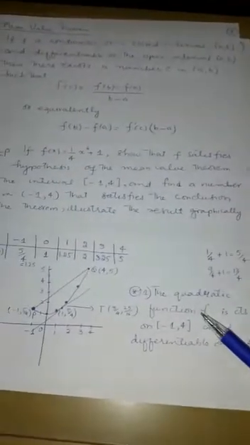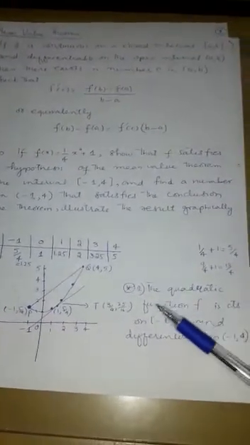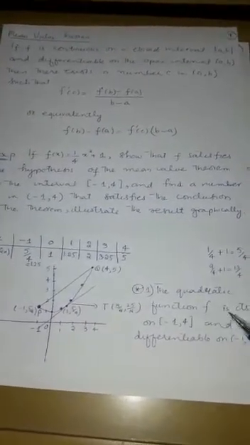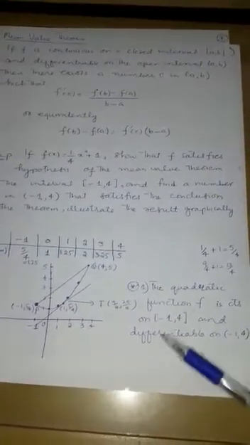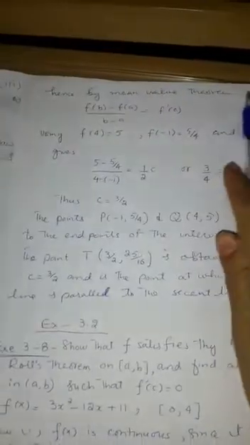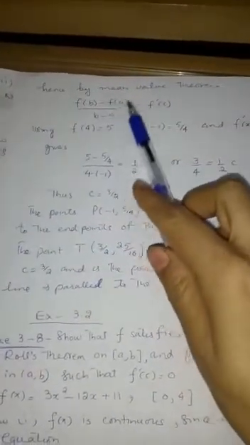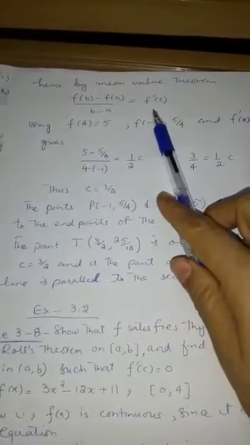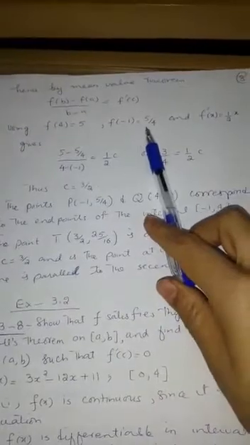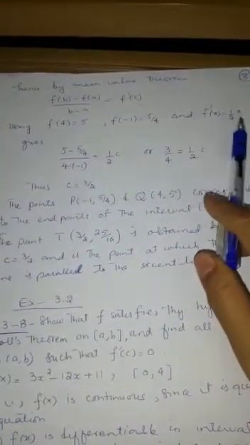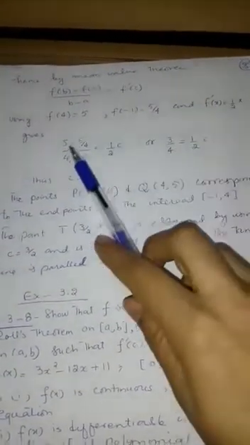Now for the first condition, continuity: this is a quadratic function. As you know, students, a quadratic function is always continuous on the given interval, and it is also differentiable there. Now for the mean value theorem, f of b minus f of a over b minus a equals f prime of c, using f of 4 equals 5, f of -1 equals 5/4, and the derivative of the function is 1/2 x.